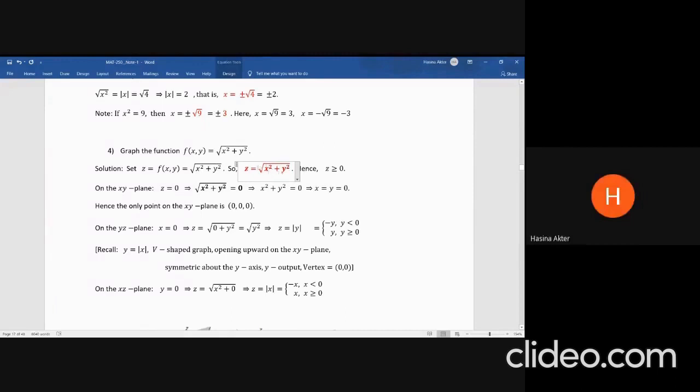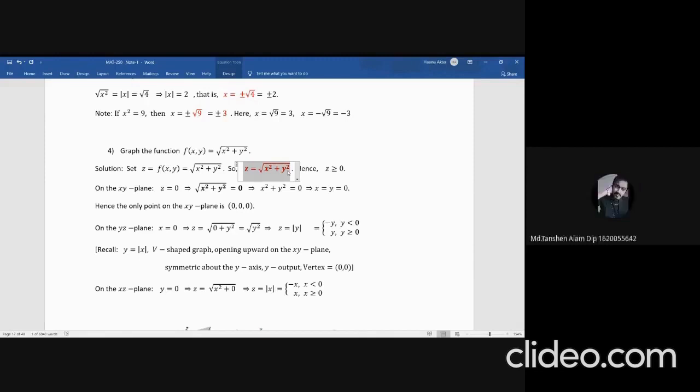Whatever we have studied so far is coming back now. Since z is given by a positive square root, z cannot be negative. z is 0 only if x and y both are simultaneously 0. Otherwise, z must be positive. How big can z be? Infinity.